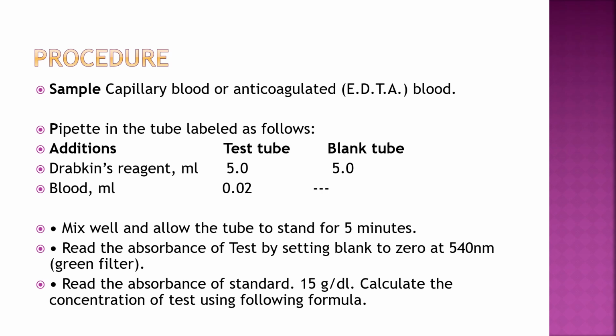Then mix and wait for 5 minutes, and then read the absorbance of the test tube by setting the blank with the blank tube. Then read the absorbance of the standard, which is already provided in the kit. It equals 15 gram%. Then we calculate the concentration of test or unknown using a formula.